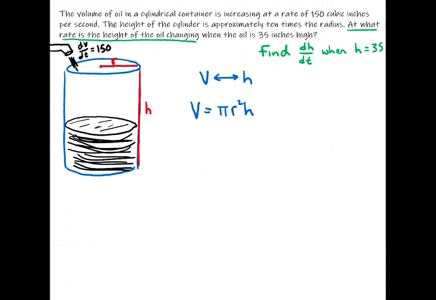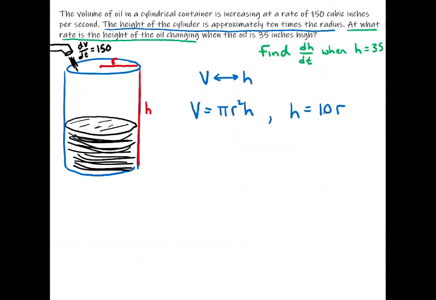But we're given this, the height. The height of the cylinder is approximately 10 times the radius. Okay, so we also know that the height is equal to 10 times the radius. So we have these two equations, the equation that relates the variables V, r, and h, and the equation that relates the r and the h.